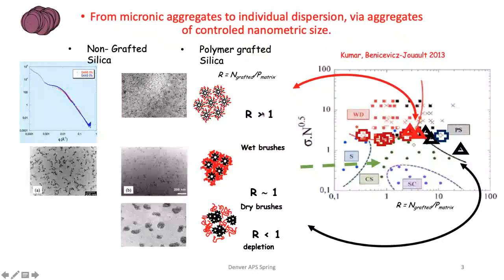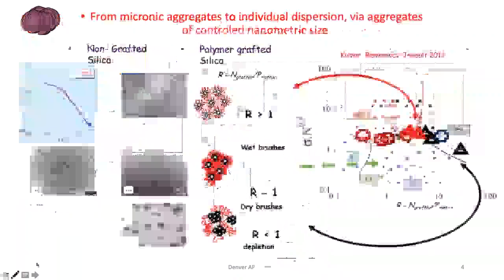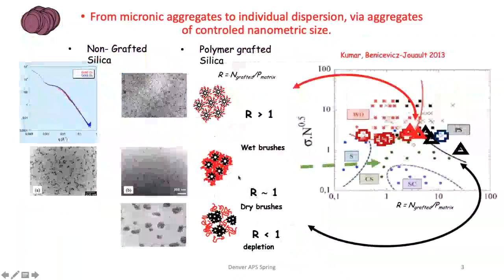If this ratio was large, the small chains of the matrix were able to swell the grafted chains so that the different silica particles were well separated. Meanwhile, when this ratio was very small, the matrix chains were very large and could not swell the brush anymore, and so could not prevent the nanoparticles from aggregating.